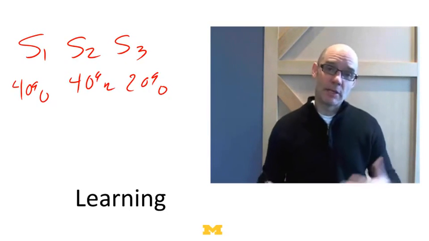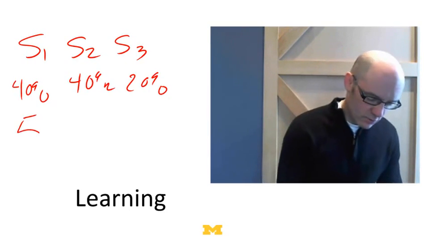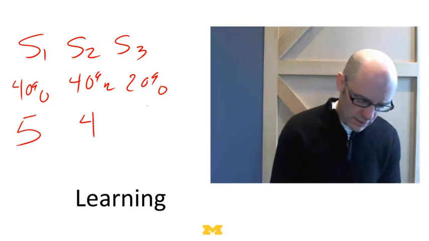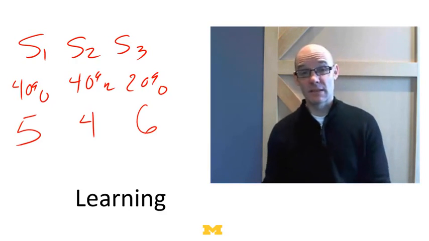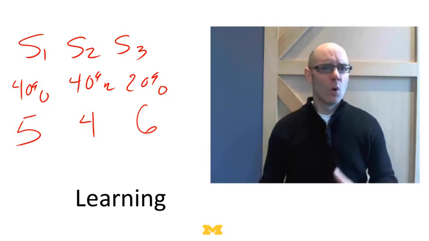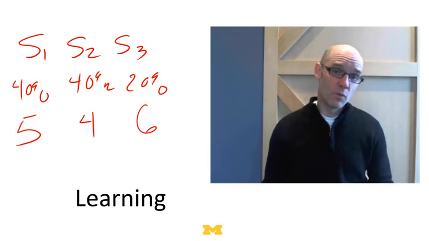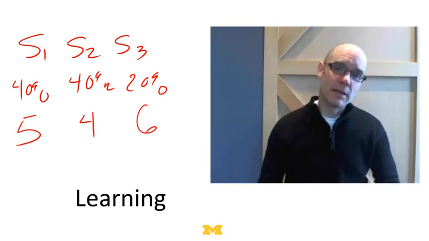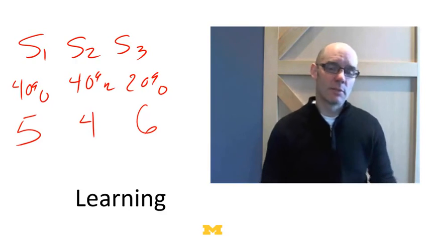But then you can also maybe look at the payoffs of these. And maybe the people using strategy 1 are getting a payoff of 5, strategy 2 a payoff of 4, and strategy 3, maybe a payoff of 6. So now when you think about, well, what strategy should I use? It depends. If you're thinking in terms of which other strategies are more common, which we thought of in our standing ovation models and our contagion models and our conformity models, you might think, well, I'm going to do strategy 1 and strategy 2 because that's what other people are doing.